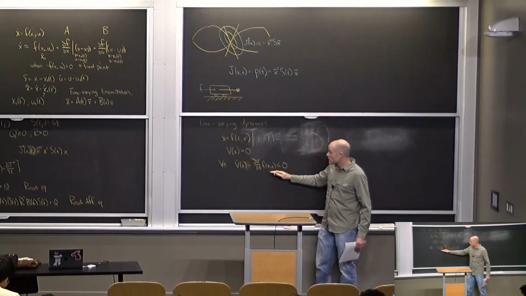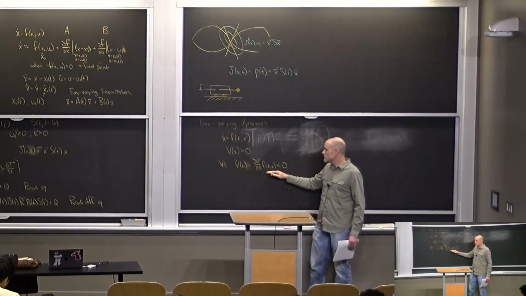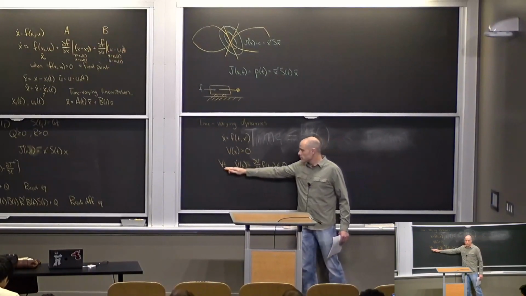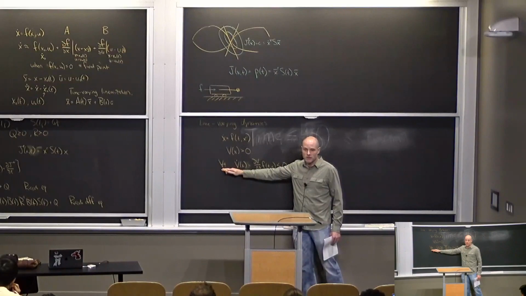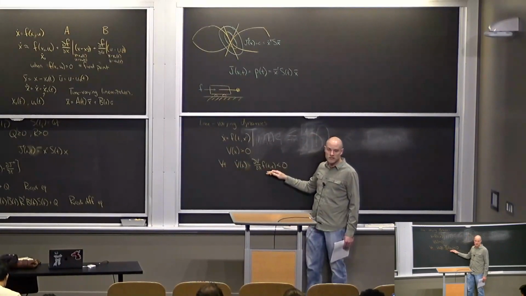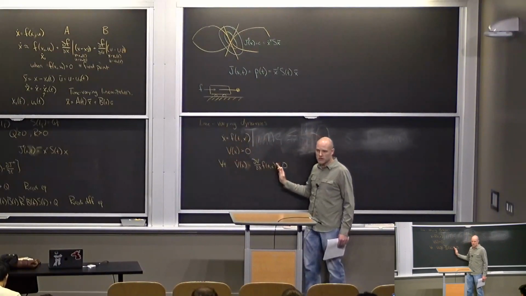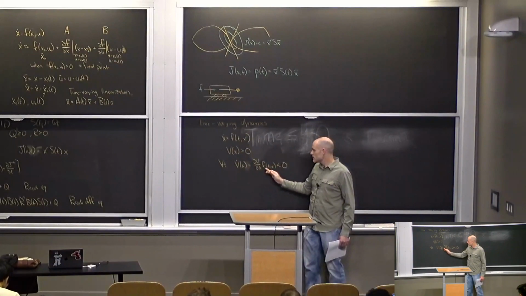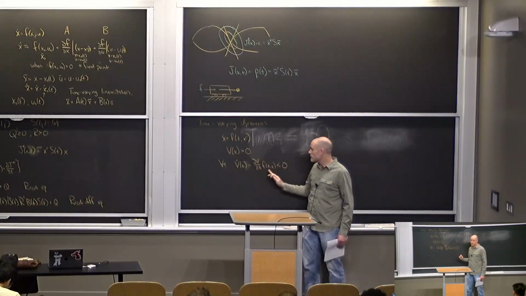So V is still a Lyapunov function in that case. And if you're thinking about writing a sums of squares problem, for instance, you've just picked up one more indeterminate. You're going to write for all t and for all x, I'd like this thing to be less than 0. But this is almost no change to the sums of squares, as long as you're saying that I have to find one V that's true for all time.